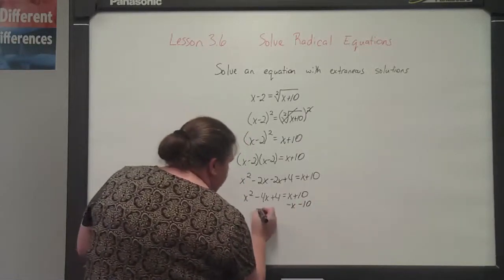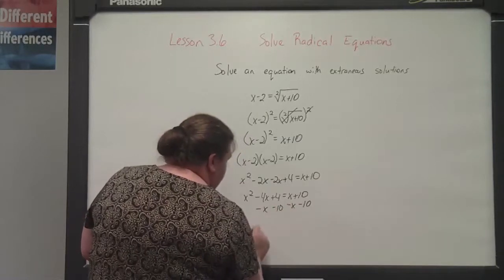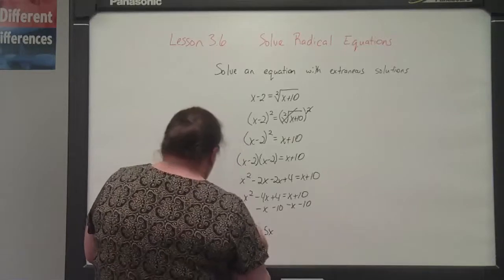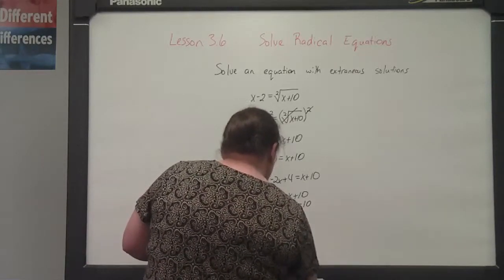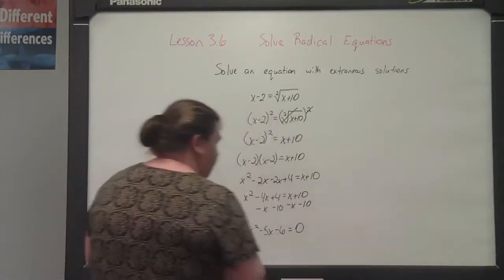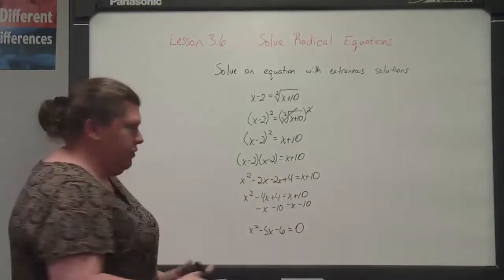So I'm going to subtract an x and I'm going to subtract a 10 on this side. And that leaves me x squared minus 5x minus 6 equals 0.